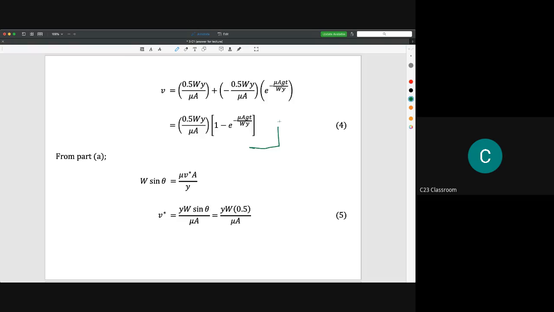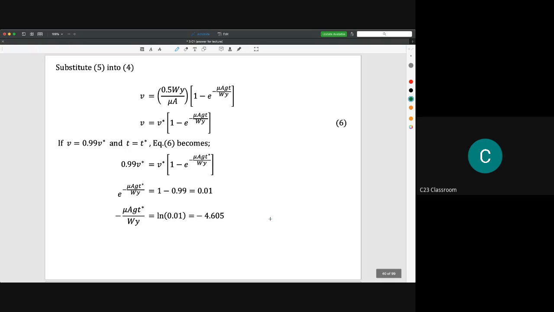Then from part A, we have the equation of terminal velocity, and we denote it here as V star. We rearrange and we have this one. If we substitute into the equation, we can rearrange it into equation 6 like this.